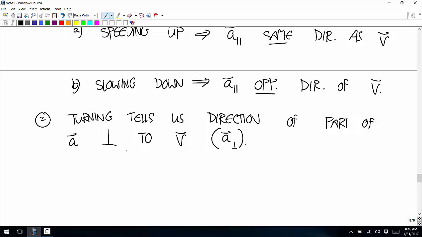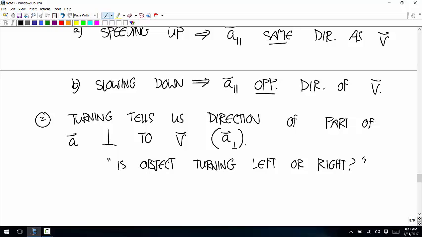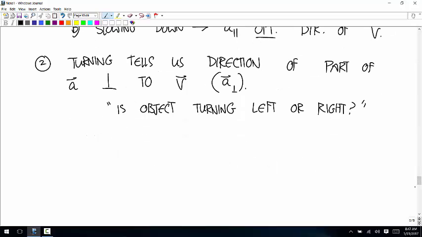And to think about that, you just have to think: is the object turning left or right? Okay, so we're going to spend a whole lab doing this stuff, and it's going to come up in future labs too, so you get a lot of practice thinking like this.